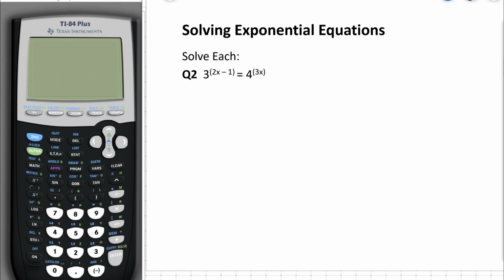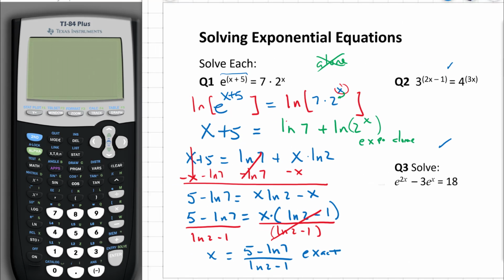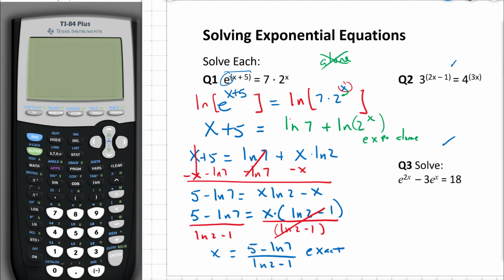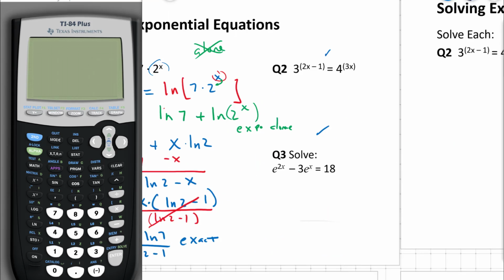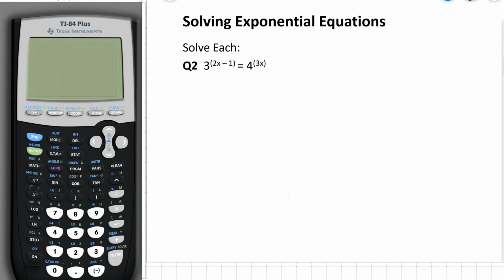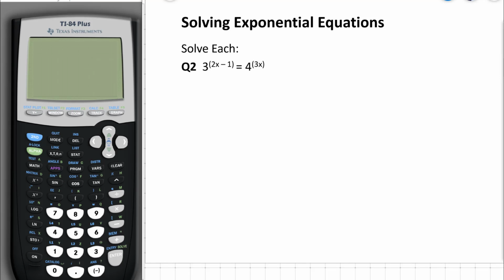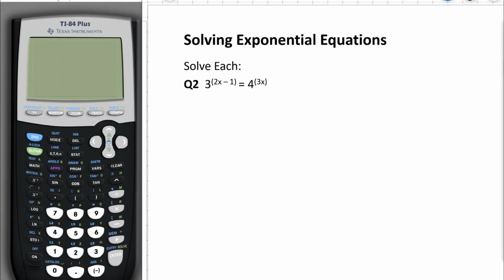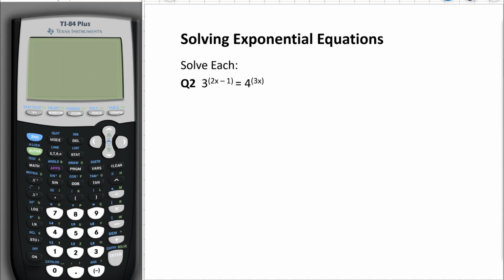Now in the last problem, I had one that was base e and one that was base 2. So at least natural log simplified the base e really nicely. But in this one, I have a base 3 and a base 4.